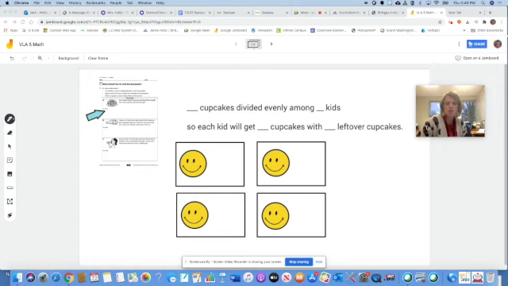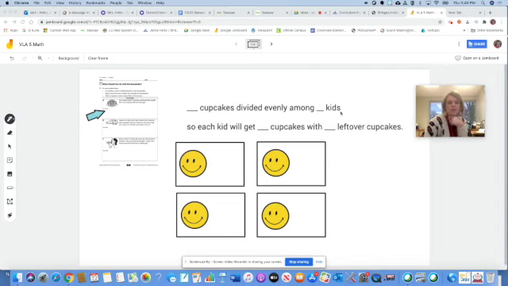So in this first problem, I've set up a thinking stem to help you break down the problem, okay? So we're looking at cupcakes being divided evenly among kids. So I want you to go back into the problem and read it and then find the information about how many cupcakes are going to be shared equally among kids.